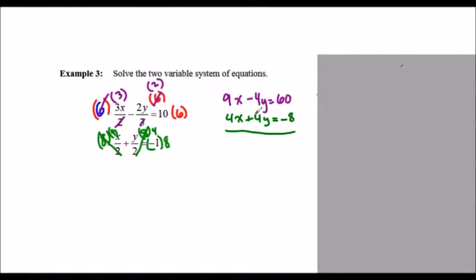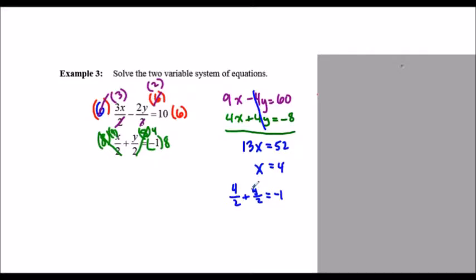Okay, so at this point, these add to 0. 13x is 52. X is 4. Now we can easily figure out the y. You're going to go back to either one of these original equations, kind of like the bottom one. And I'm going to go with 4 halves plus y over 2 equals negative 1.